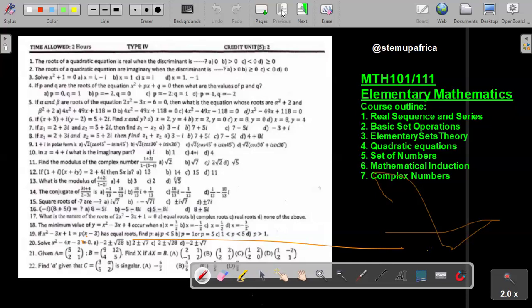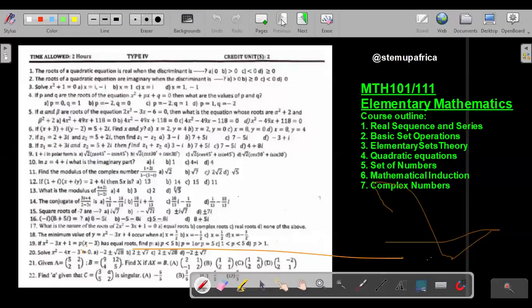So in an examination like this, I will advise you to go with option A. It's possible whoever typed the question made a little mistake. So in examination conditions, go with the option that is nearly close to the real answer you have, which is A. So for me, I will go with A, although A is not what we ought to obtain.